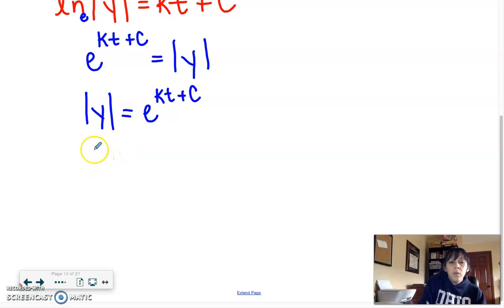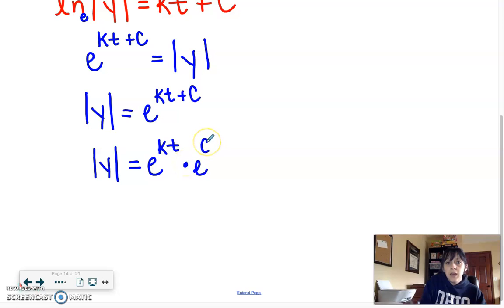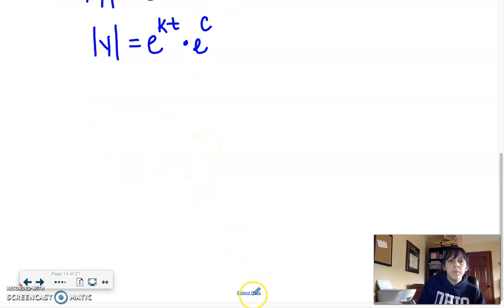Okay, before I do anything with the absolute values, I'm going to do that exponent rule trick again, and I'm going to separate the sum. This would be the same as e to the kt times e to the c. And I'm going to represent e to the c as some constant value.